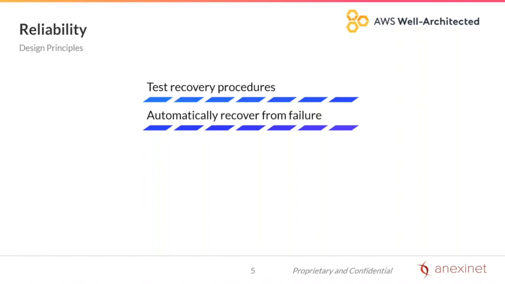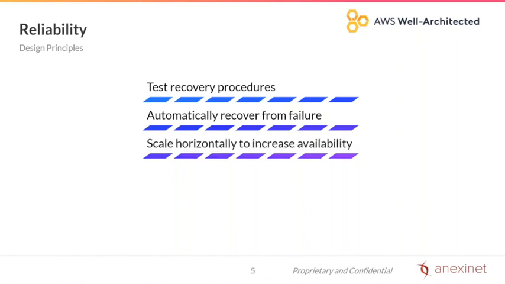Ideally, that recovery is automated, so a human doesn't have to manually intervene and repair whatever the failure was. Some sort of automated process kicks in and obviously notifies someone that it had to remediate an issue, but you don't want to wait on a human being to make that change for you.